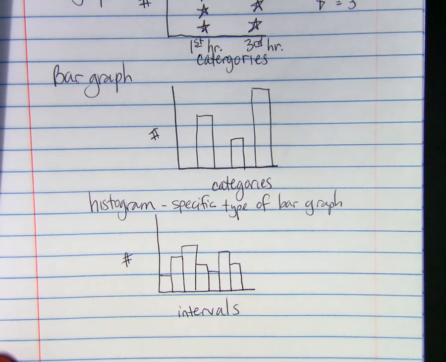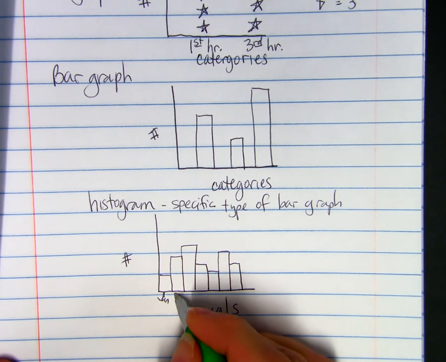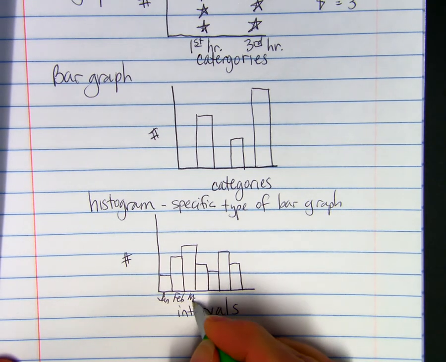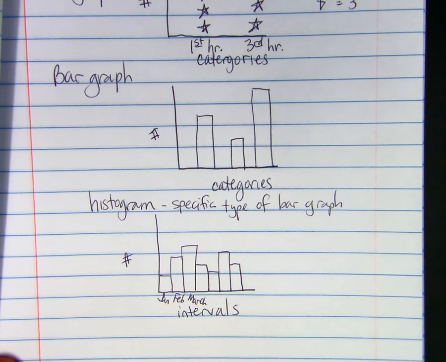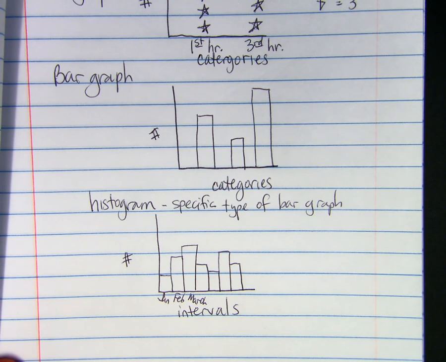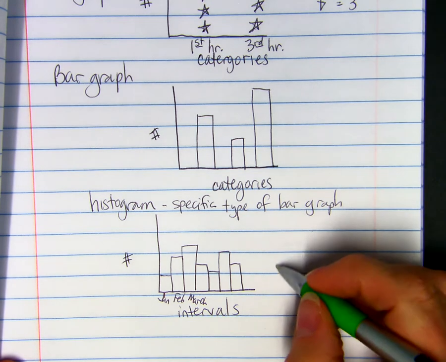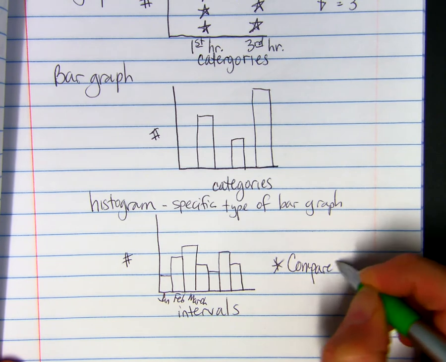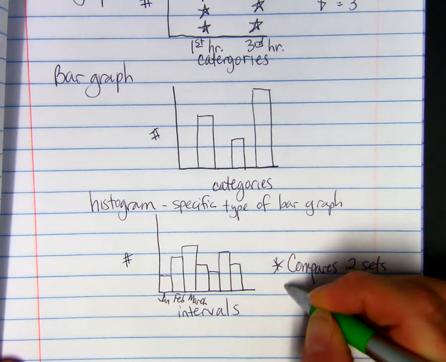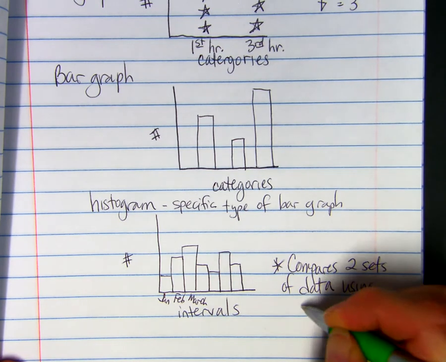So I'm going to give an example of some intervals like January, February, March. Those are between 2 numbers. So January would be the whole month of January. So that's kind of an interval. So we have to remember on a histogram, basically it compares 2 sets of data using intervals.